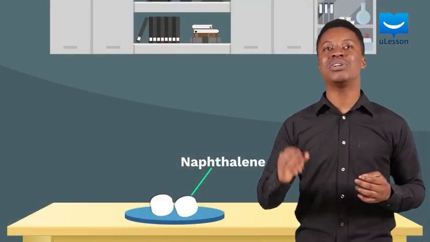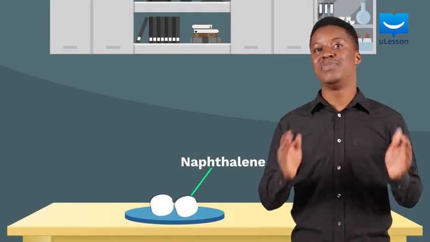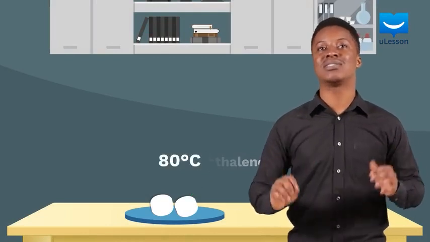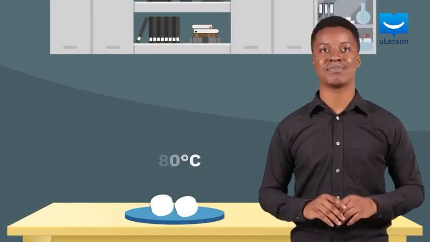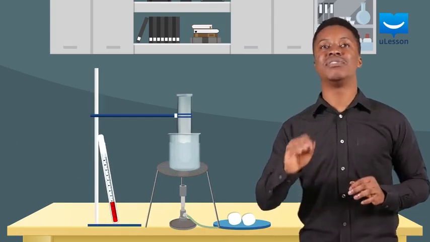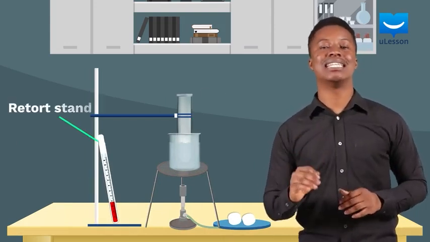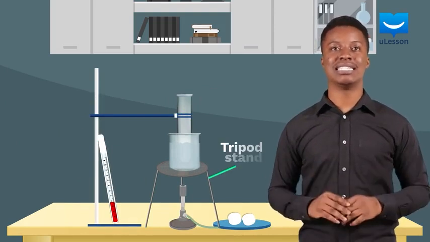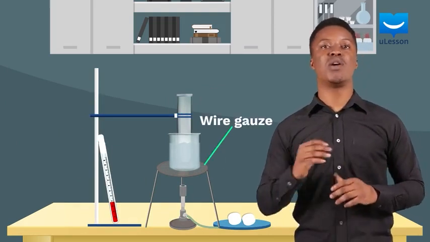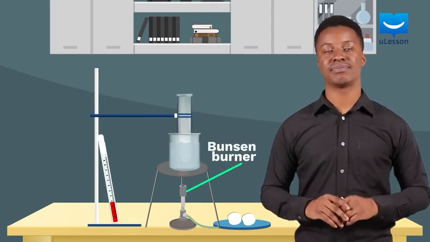Now, let's see how to determine the purity of this naphthalene sample by measuring its melting points. Bear in mind that pure naphthalene melts at 80 degrees Celsius. The materials needed for this experiment are a boiling tube, retort stand and clamp, tripod stand, wire gauze, thermometer, and a Bunsen burner.